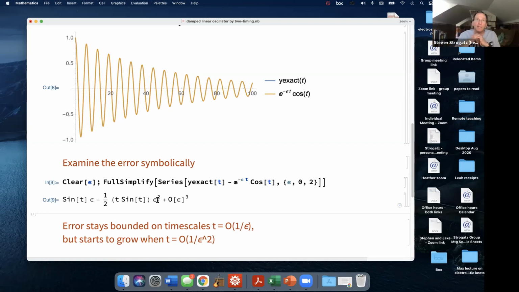What's happening here is that because we've only used 2 timescales, t and epsilon t, we got a good approximation up to the slowest of those 2 timescales, but we did not account for the super long timescale of 1 over epsilon squared. If we wanted to do that, we would need 3 timescales. And so you can systematically push the error out into the future by including more timescales. That's why it's called the method of multiple scales.